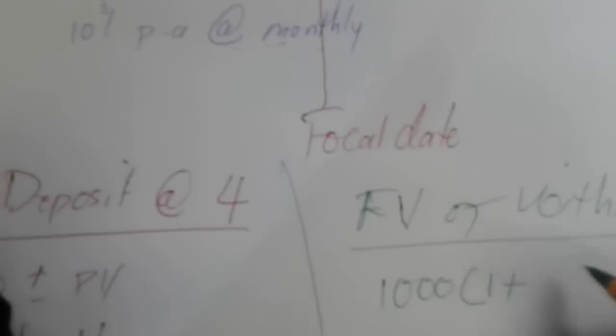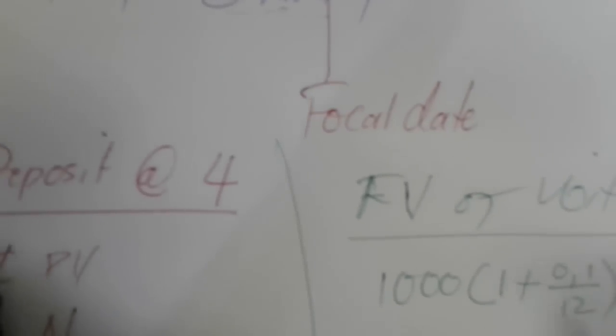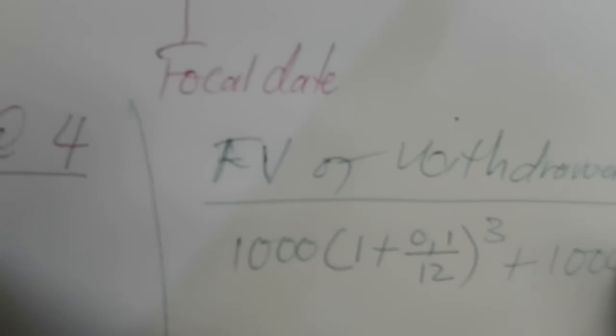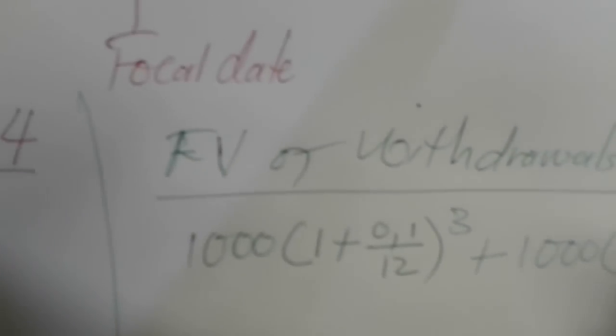Now since there are 2, we are going to do one at a time, so either you can use the calculator or you can use the formula. So you can say 1,000 times (1 plus 0.1 divided by 12) to the power of, now remember from month 1 to 4 is 3, then plus 1,000 times (1 plus 0.1 divided by 12) to the power of 1.